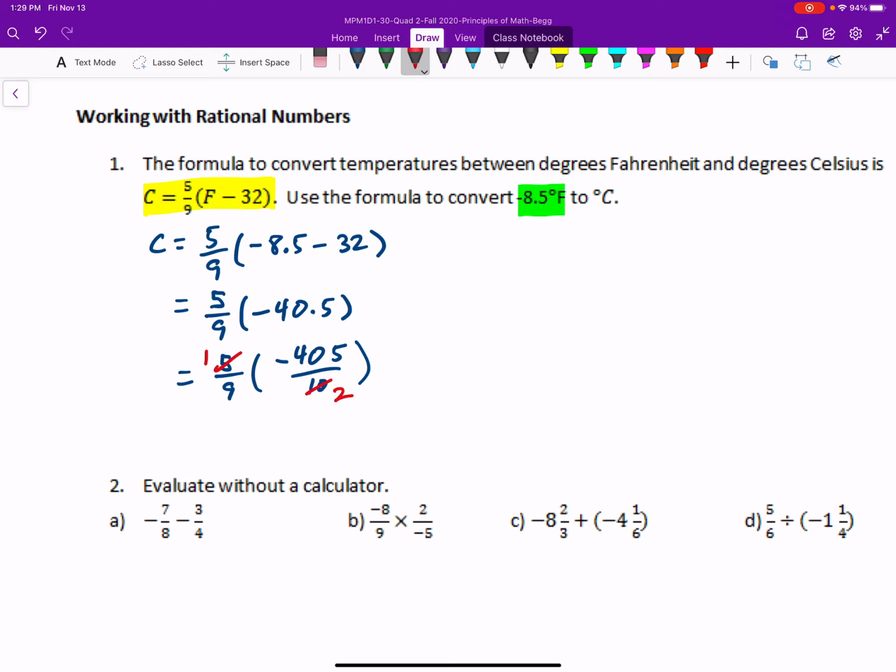405, let's see. Can I divide 9 into 405? 9 goes into 360. I think 9 goes into 405. It's going to go into itself one time, of course, and 9 is going to go into 405 45 times.